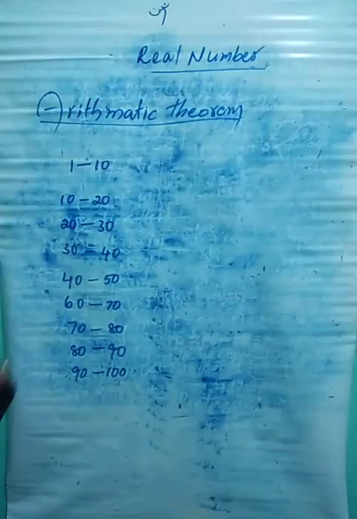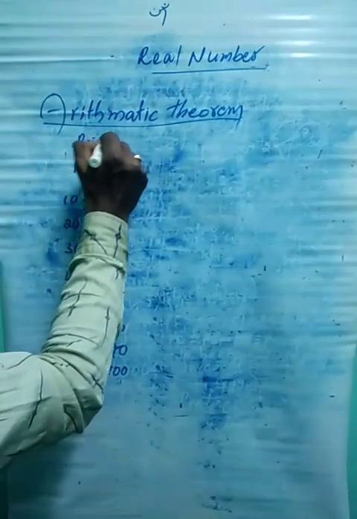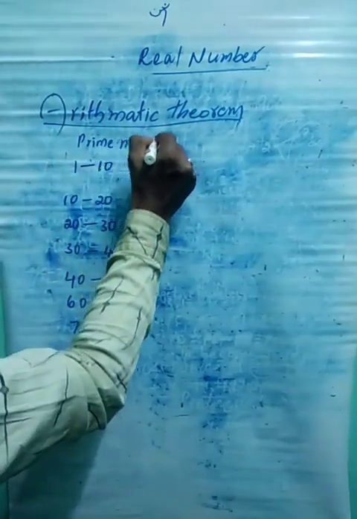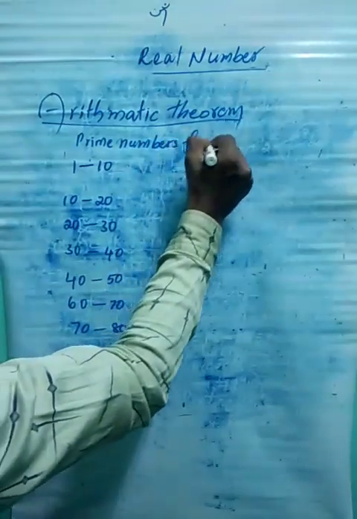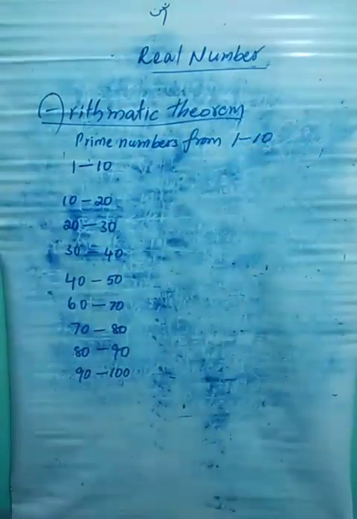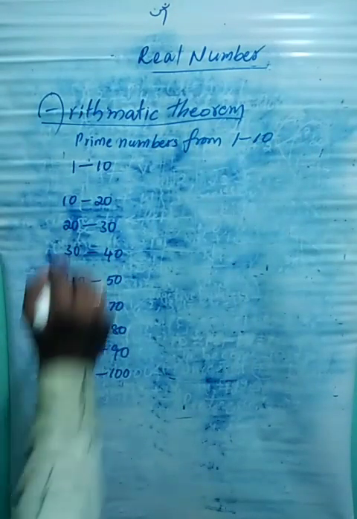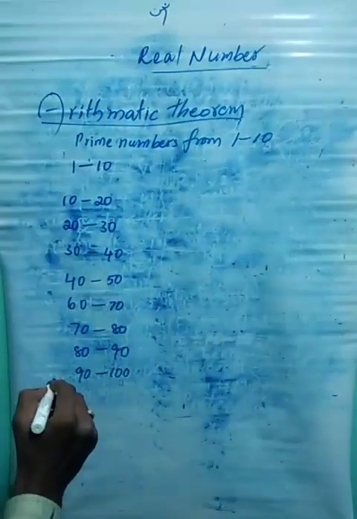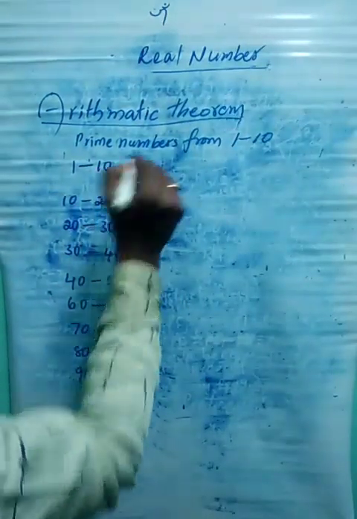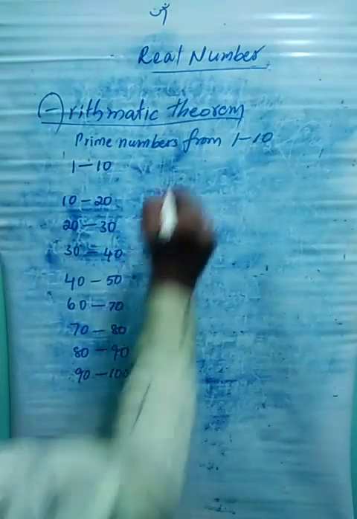First of all, we want to know the prime numbers from 1 to 100. See, I am telling you the code also. So first of all, know the prime numbers here.